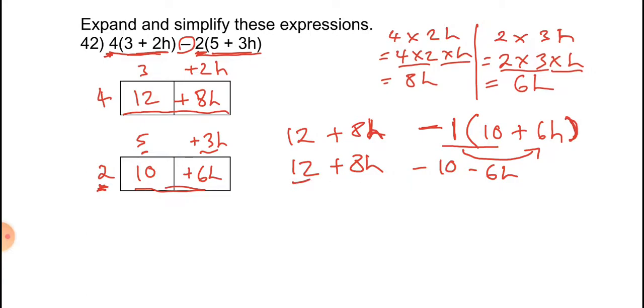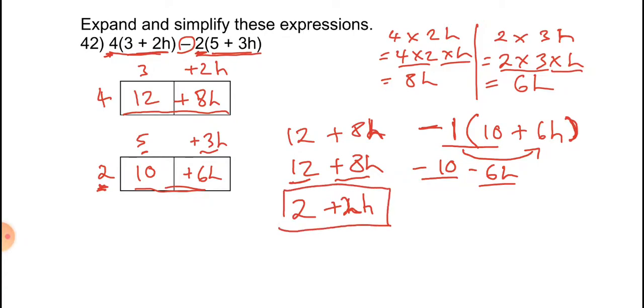So now we can say, well, just 12 take away 10 is 2, and 8h take away 6h is positive 2h, so just plus 2h, and that's the final answer. 2 plus 2h.